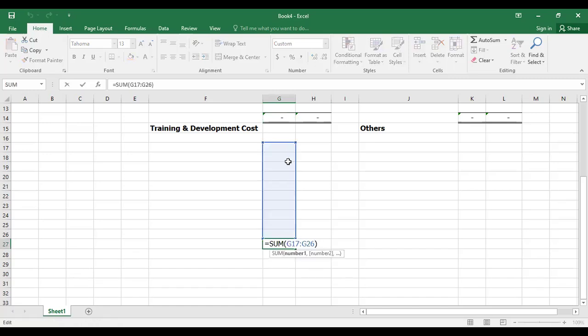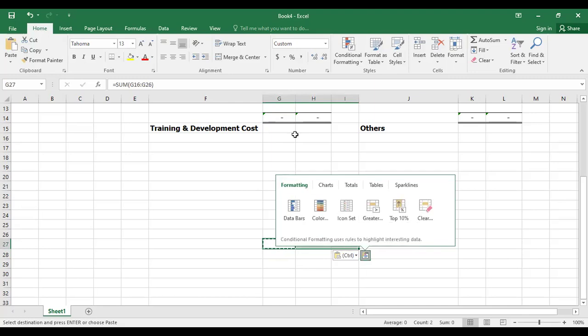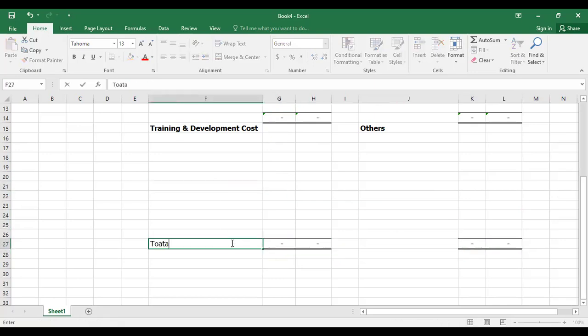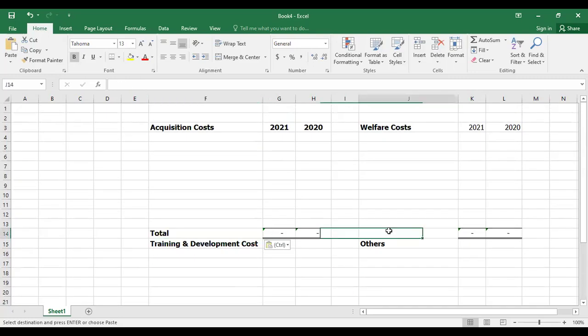Training and development for 2 years. Then others. If we don't do it this way, it makes our computation a bit challenging. So all of this will be total. Beautiful. So let's begin to pick those items one after the other.